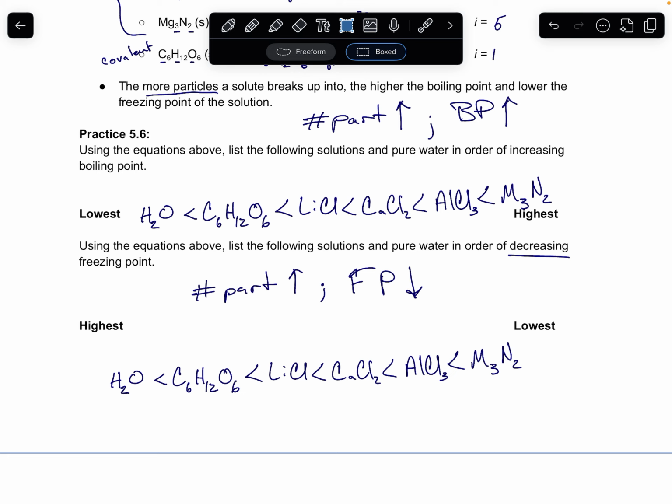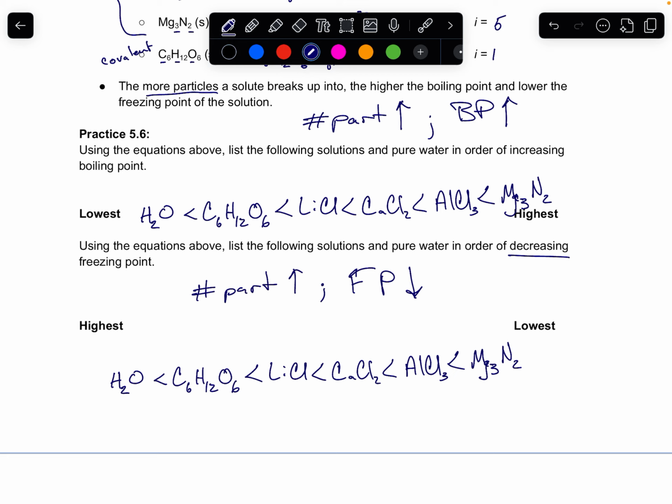Okay, so pure water is going to have the highest freezing point, and then as I add or increase that I factor, right, the freezing point is going to decrease more and more and more. So the lowest freezing point is going to be over here at the Mg, that should be a g there. Got my g in magnesium. Okay, Mg3N2.